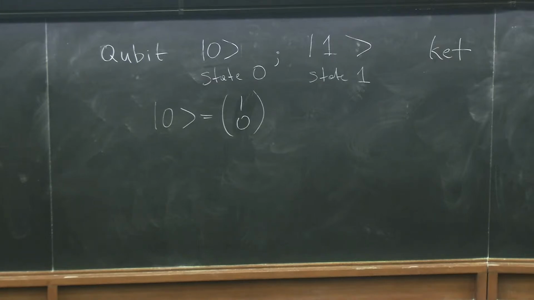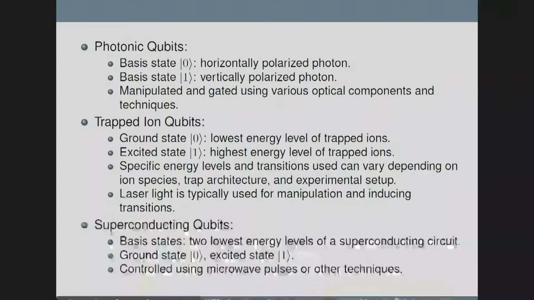Okay, so when you are going through quantum computing, there are a lot of different ways of developing a quantum computer. You can have photonic qubits, you can have trapped ions, superconducting qubits, and they all have different ways of computation. A qubit for photons could be a different polarization, right?